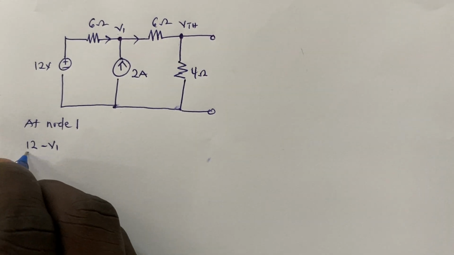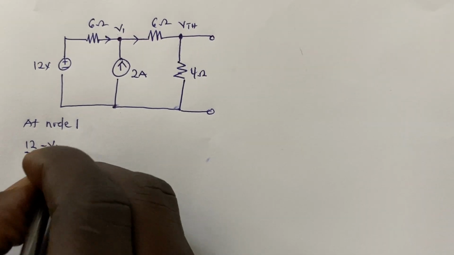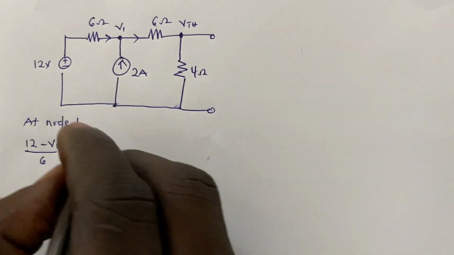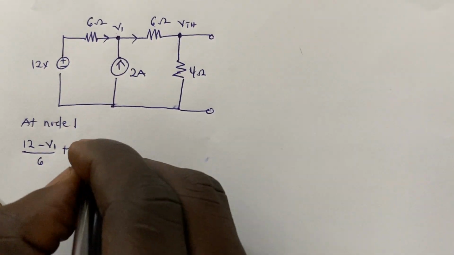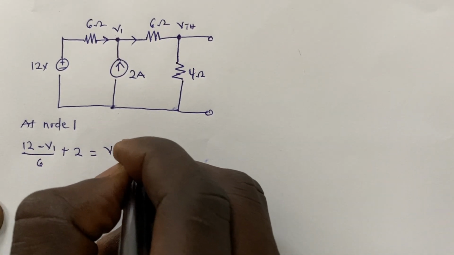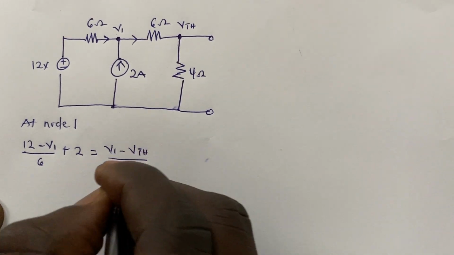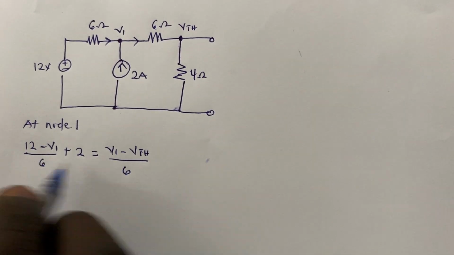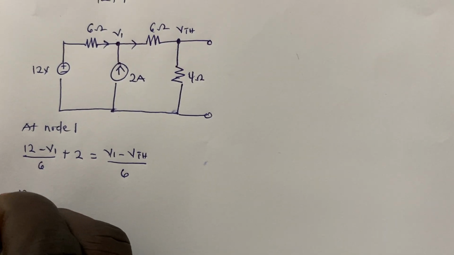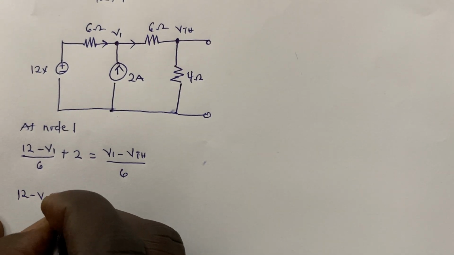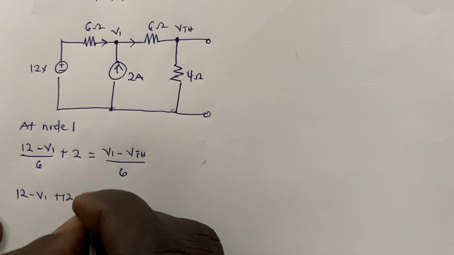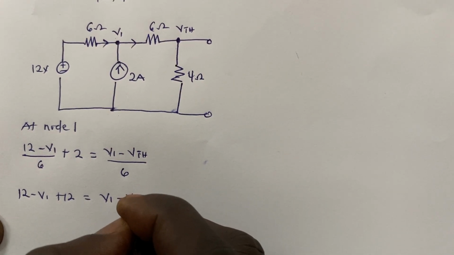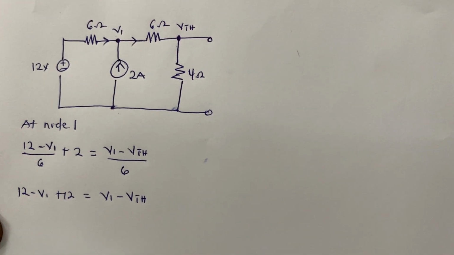So I'm going to get 12 minus V1 over 6 plus this current, which is the 2, which is equal to this V1 minus VTH divided by 6, right? So now we can write an equivalent, we can just multiply through by the LCM. So we are going to get 12 minus V1 plus 12 is equal to V1 minus VTH, right?